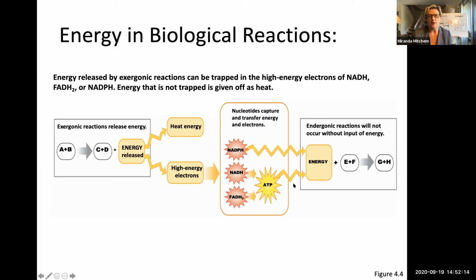So see how there's the banking of the ATP in the middle here. So it's not that you need A plus B to give you G and H. It doesn't work that way. We're just making energy, and then the cell can use it for whatever chemical reaction it needs. Okay, I hope that helps to clarify that.